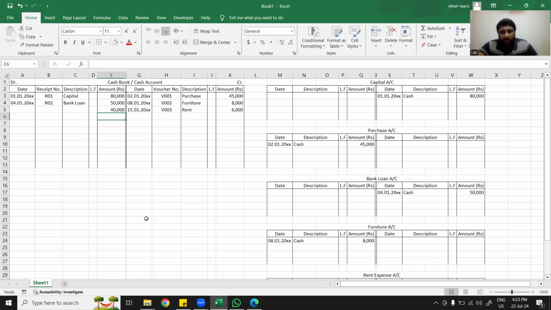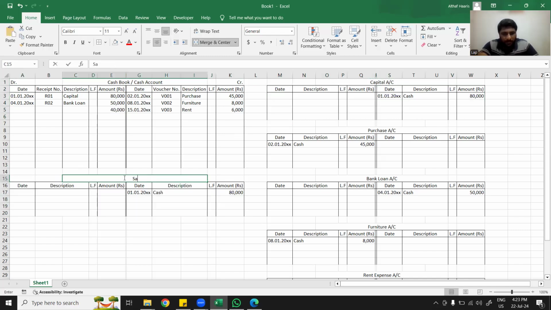So when you are getting money, cash increases, debit. From the other side, it's a sale. Sale is an income. Sales account. Cash debit, sales credit, 40,000.